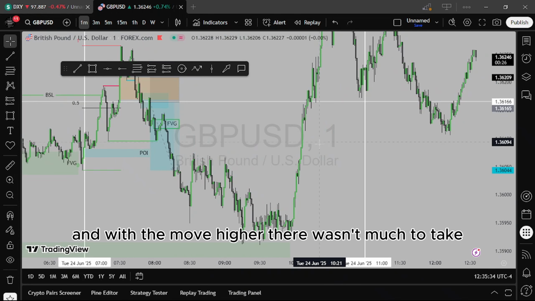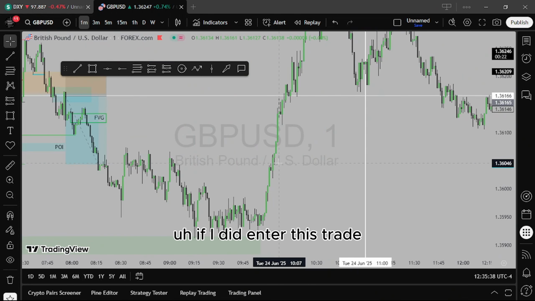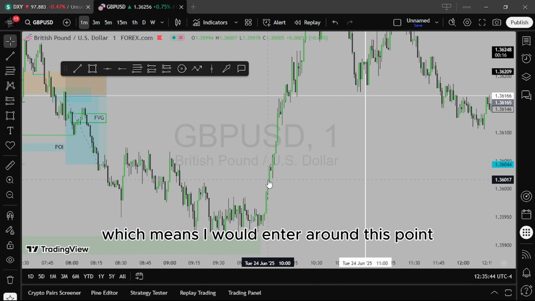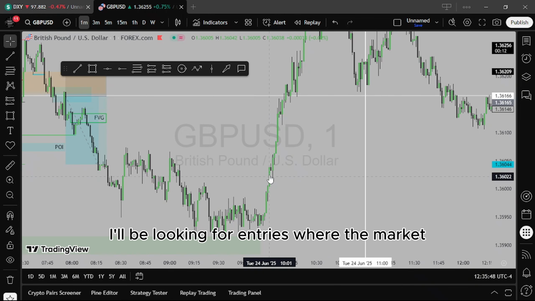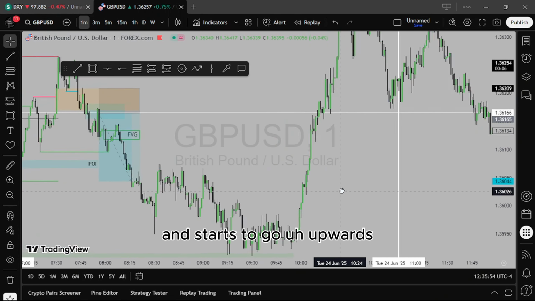With the move higher, there wasn't much to take. If I did participate in this price move, I would enter around this point, or at the same time it breaks above here, I would be looking for entries where the market dips into the fair value gaps and starts to go upwards.